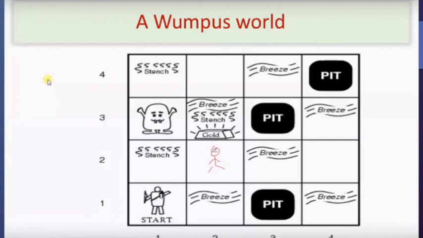Could we say that this agent will feel anything? No, it will not feel anything. Why? Because here there is no pit or wumpus in the adjacent squares. So there is no pit and no wumpus.